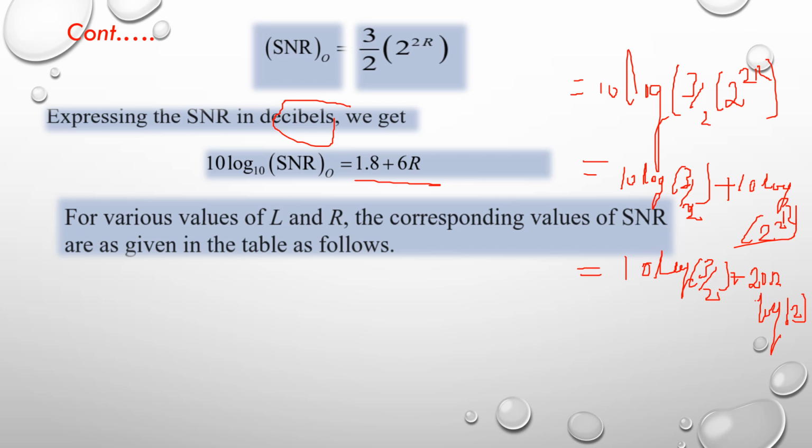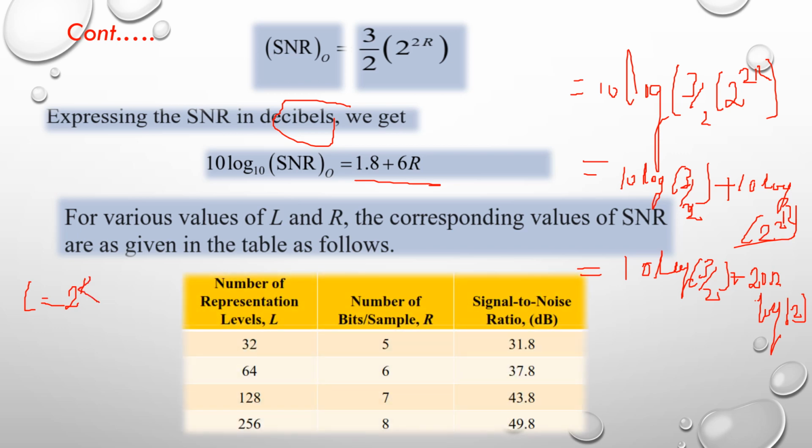The relation between these two is L is equal to 2 to the power R. For example, L is equal to 32, R is equal to 5, and the signal to noise ratio in terms of decibel is 31.8.